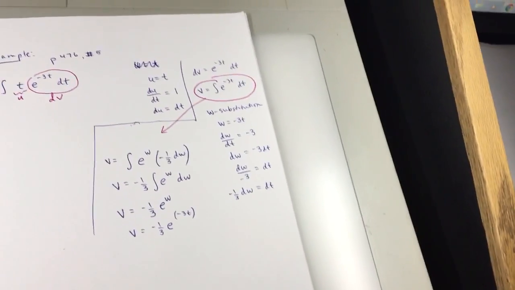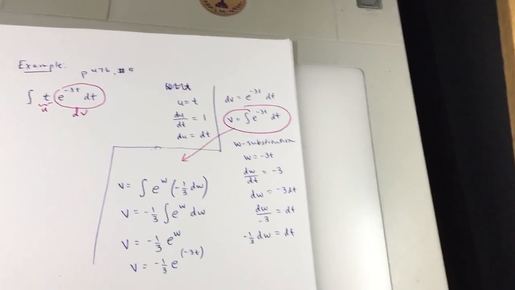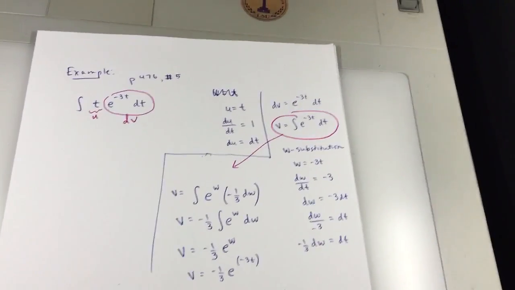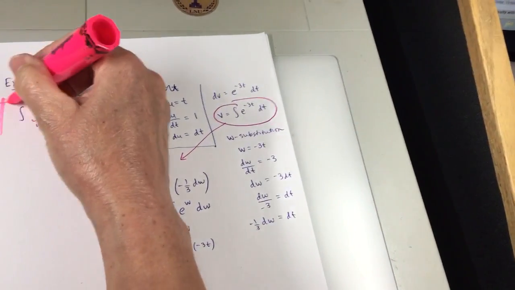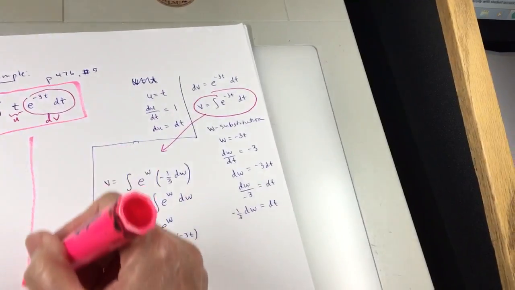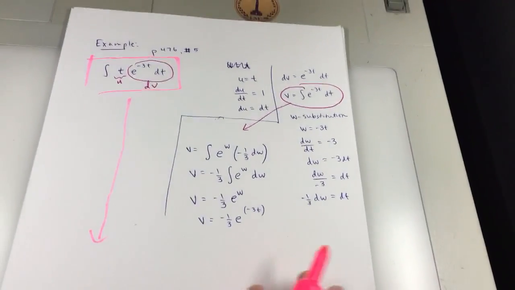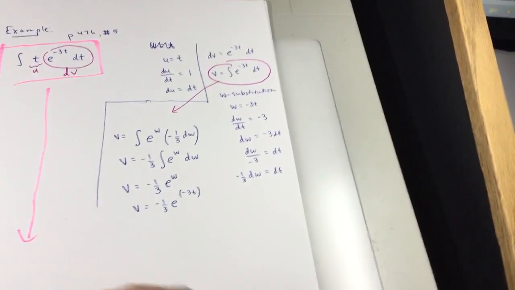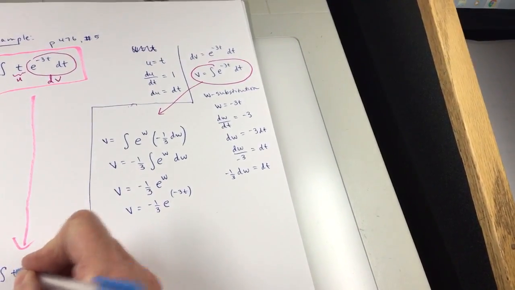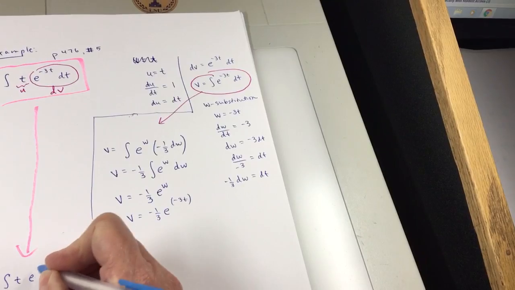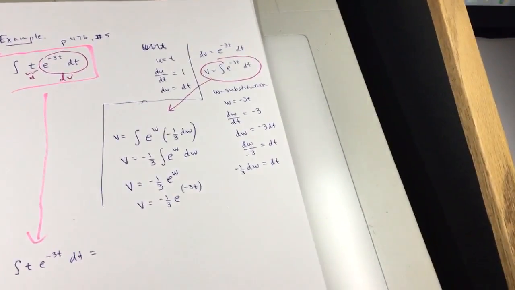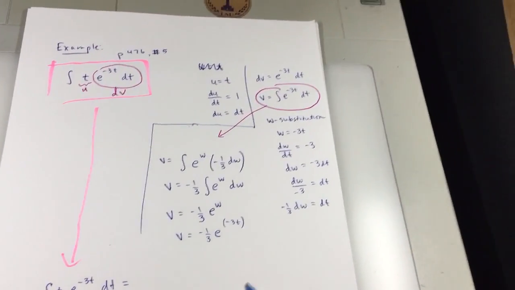All right, now I've taken up a lot of space on my paper, so let's bring this entire problem that I started with down here. Because now I'm ready to zap this with the formula for integration by parts, which is u times v.